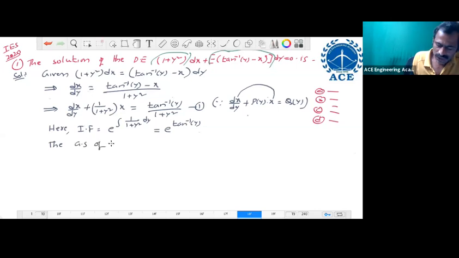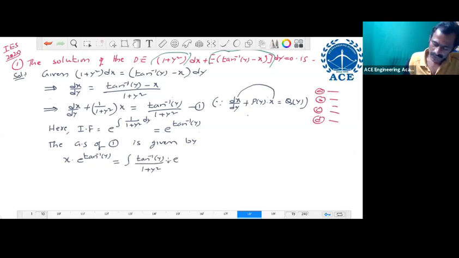The general solution is given by dependent variable times integrating factor equals the integral of the non-homogeneous part times the integrating factor: x·e^(tan⁻¹y) = ∫ (tan⁻¹y/(1 + y²))·e^(tan⁻¹y) dy + c.